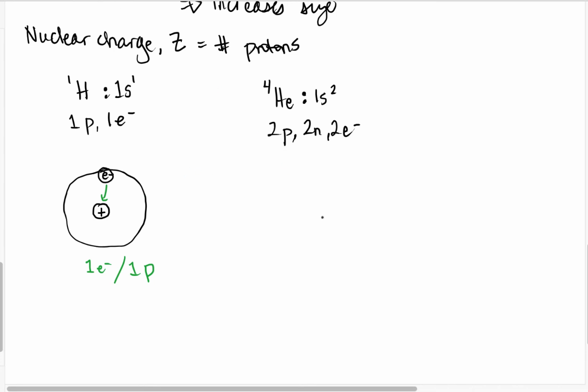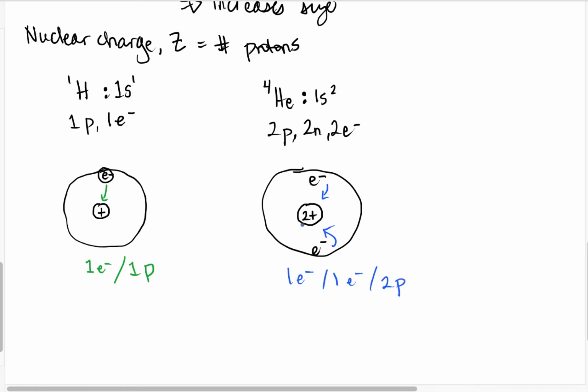So in helium, we have something pretty similar, but we have 2+ in our nucleus for our total charge here, and we have 2 electrons. And so think about what's going to happen. Even if I have these 2 electrons repelling each other a little bit, they're going to actually be pulled more strongly, because each electron is sort of individual. So we kind of have one electron and another electron, but we have 2 protons in the nucleus.